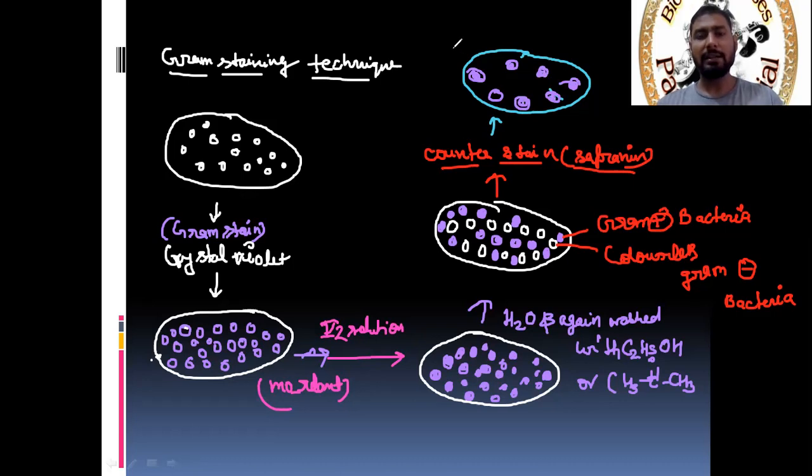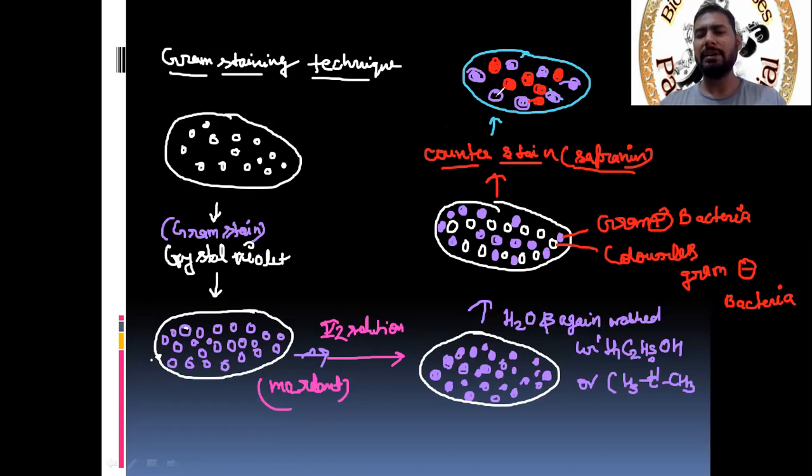While the other bacteria, the gram negative bacteria, will take the red color when treated with the counter stain safranin.